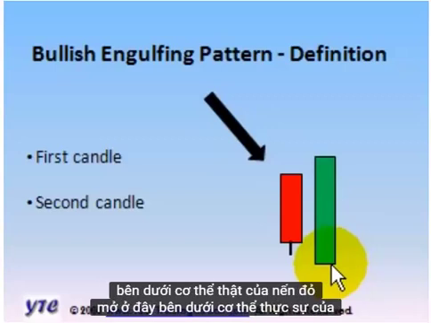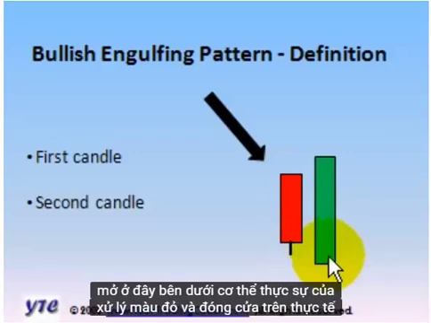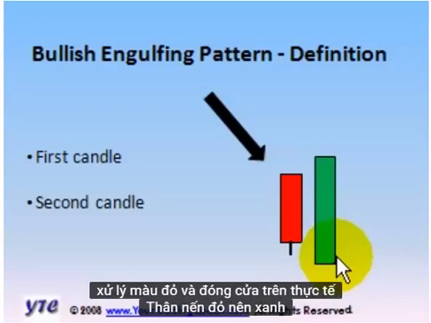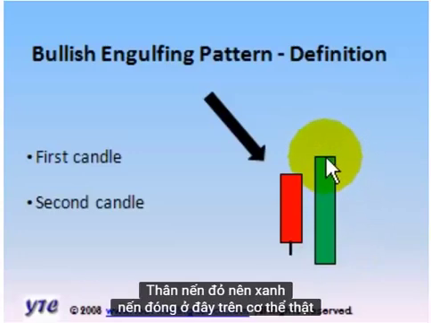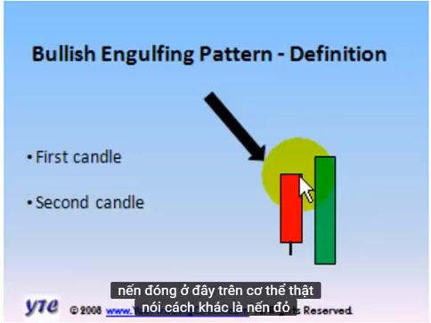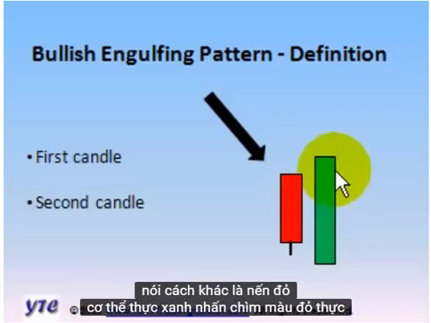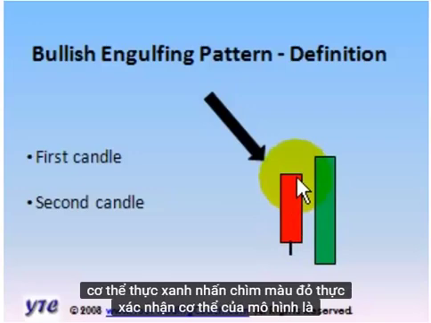So opening here, below the real body of the red candle, and closing above the real body of the red candle. So the green candle closes here, above the real body of the red candle. In other words, the green real body engulfs the red real body.